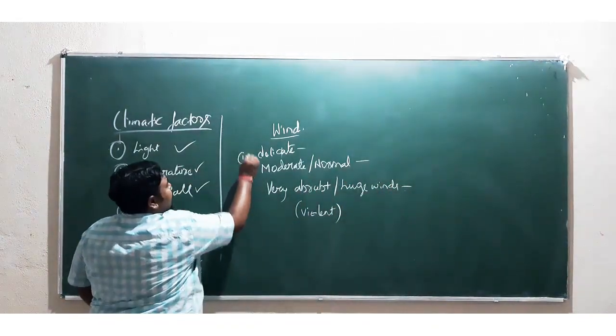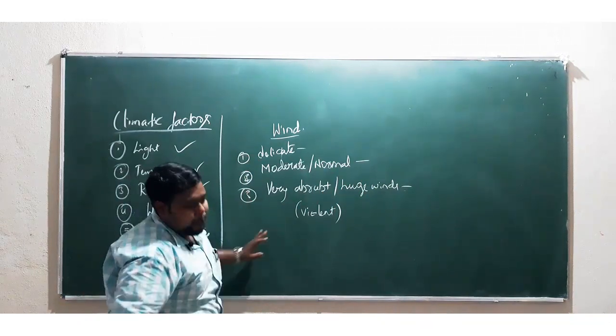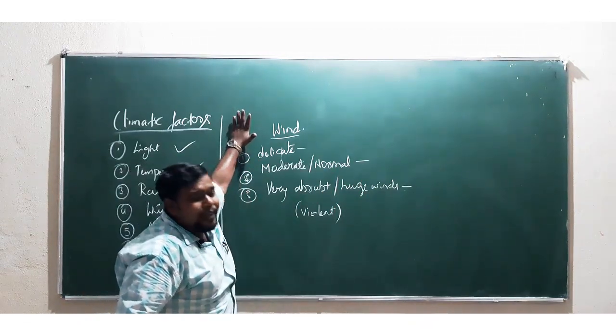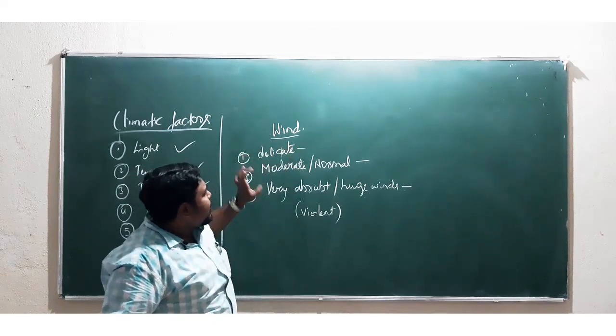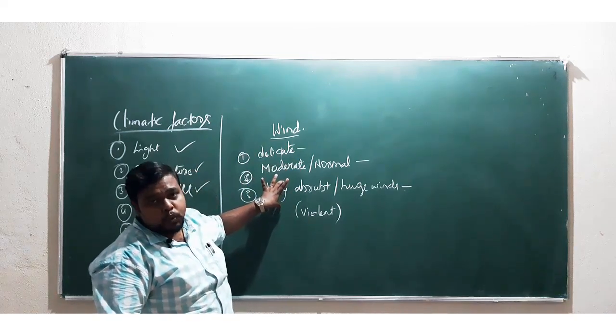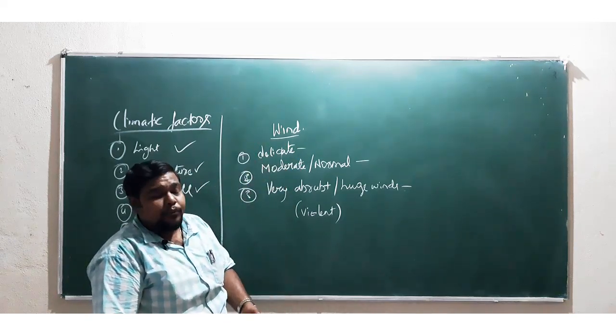So these are the three different types of wind we can come across. We can classify the wind into three forms, that is a delicate wind, a moderate wind and a very abrupt, huge wind. So how are these going to influence plant life here?